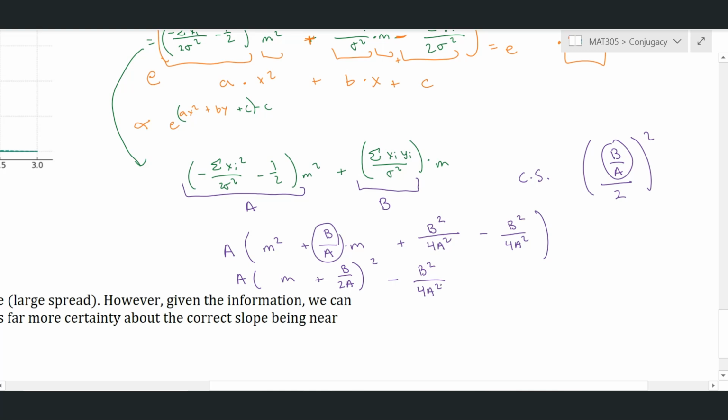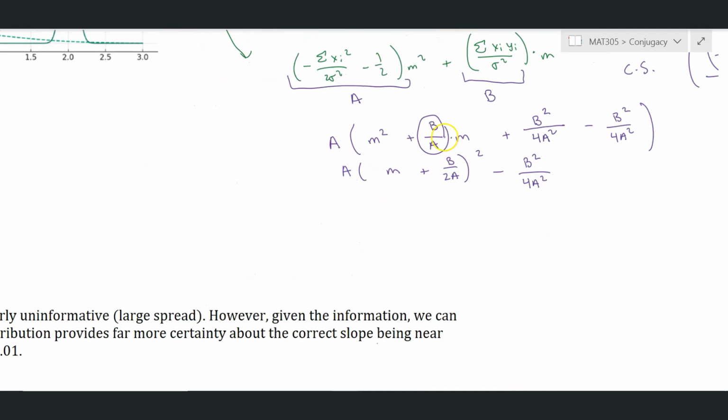Okay, so what that has just expressed to us is that that is the exponent of everything related to m. Now we recall that this is just all the exponent right here, is this component here. And again, notice that this does not depend on m.